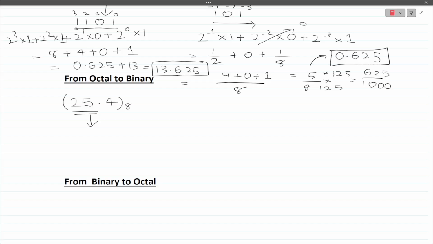So here it's 5, so I will be writing 101, and it's 2, so 010. Okay, then dot, and the 4 also I will be converting into binary form. It's easy. 4 will be 100, so I will be writing 100. That's all. This is how you need to convert your octal to binary.